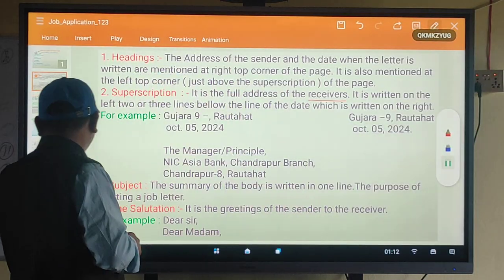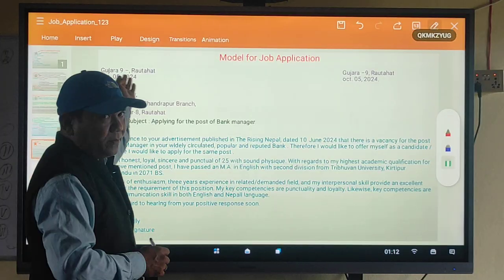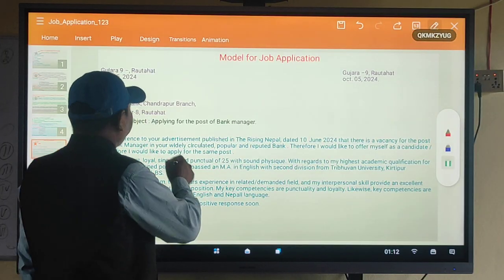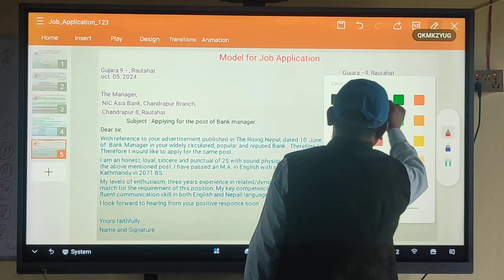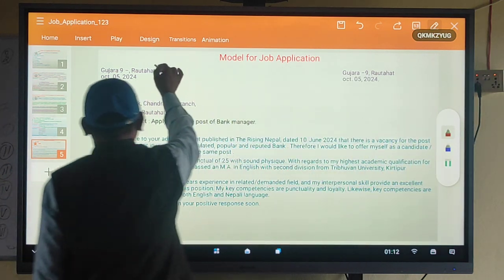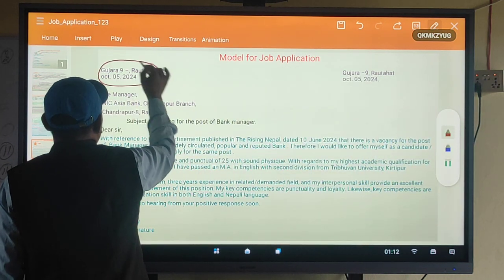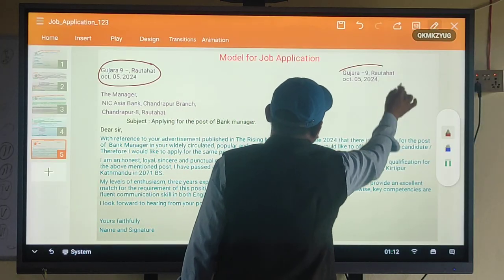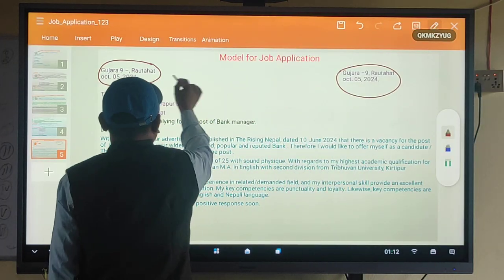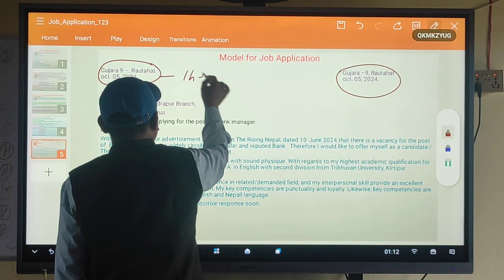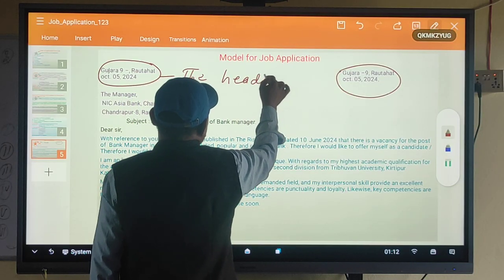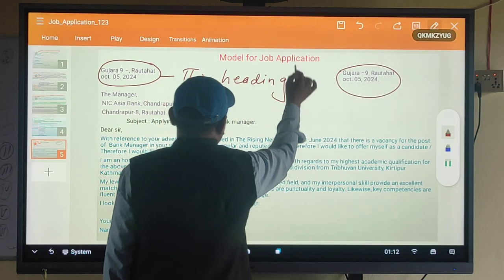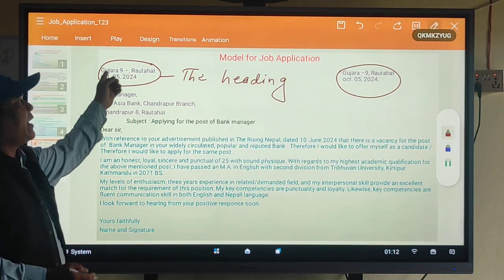As I have mentioned here, this is the heading part.